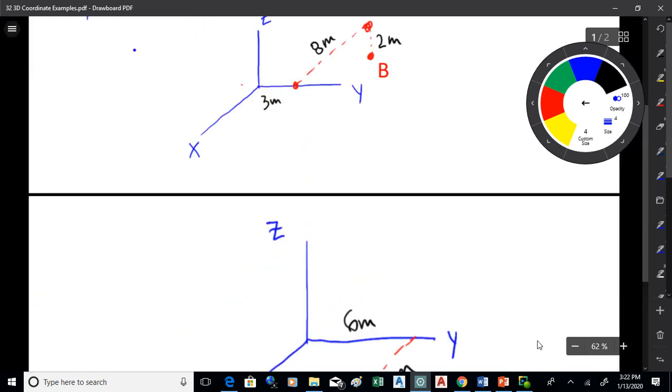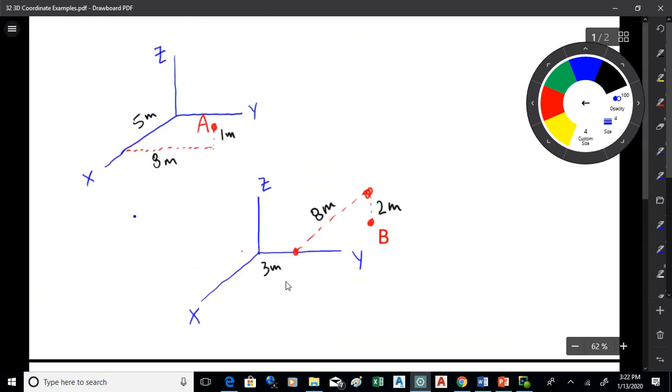All right, why don't you look at those two and come up with coordinates for A and B? Why don't everyone just do it on their own and write down the coordinates of A and B?